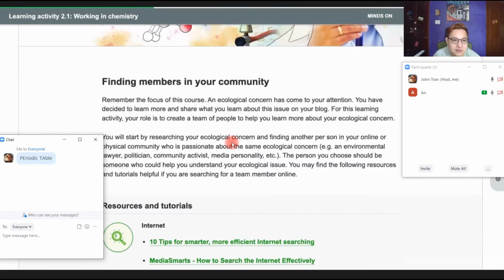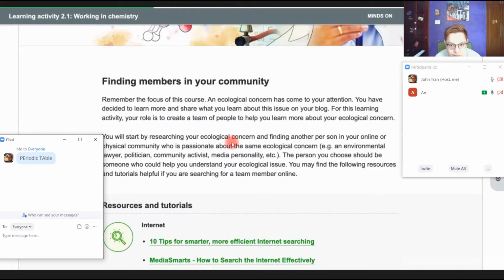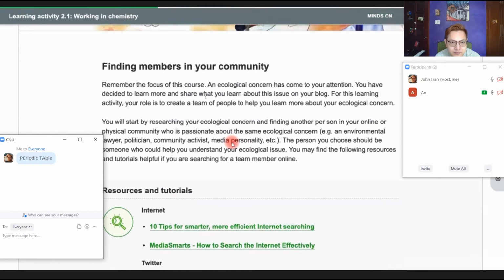Remember the focus of this course: an ecological concern has come to your attention. You have decided to learn more and share what you learn about the issue on your blog. For this learning activity, your goal is to create a team of people to help you learn about your ecological concern.